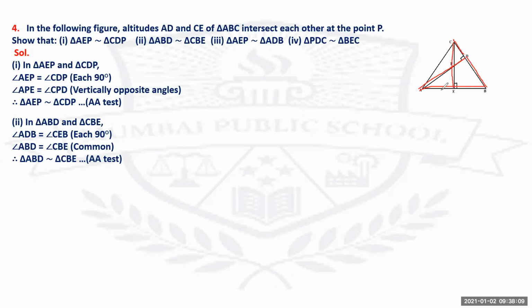What happens here is one pair of angles is 90 degrees. That is very easy, so just write that pair of angles first. So you'll get angle ADB equals angle CEB as 90 degrees. So you've got the first pair of angles.